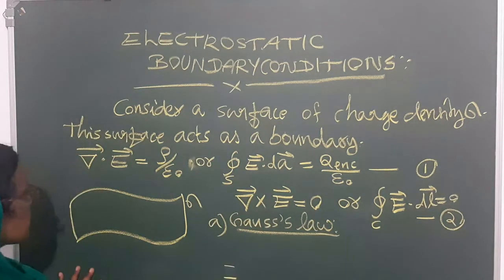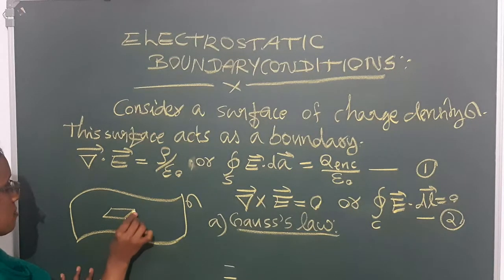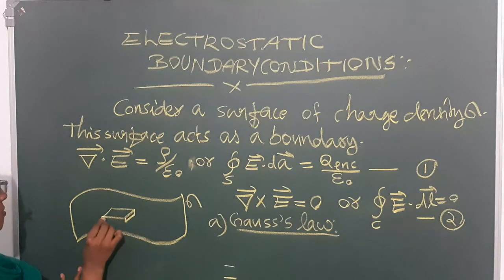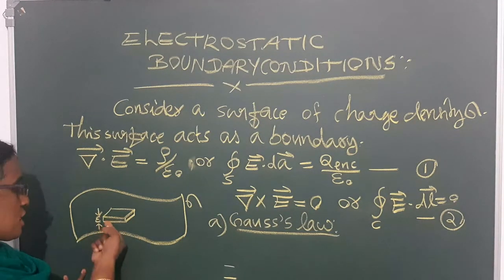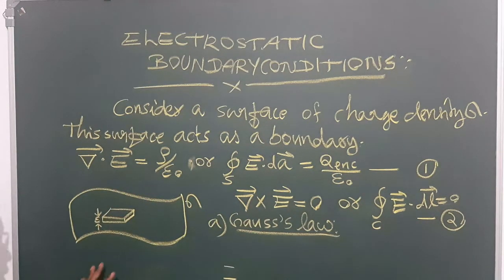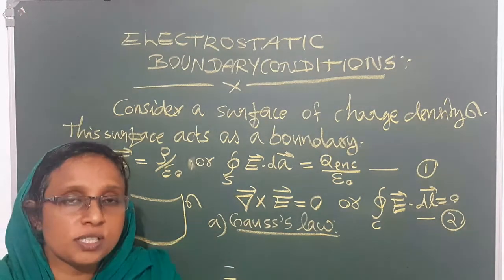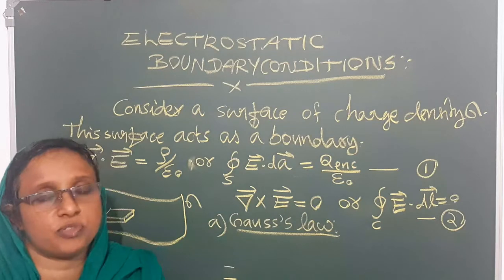For this, we assume a Gaussian pillbox here, like this. This Gaussian pillbox has thickness epsilon, which is very small. The pillbox is such that its upper surface lies just above the surface and its lower surface lies just below the surface.